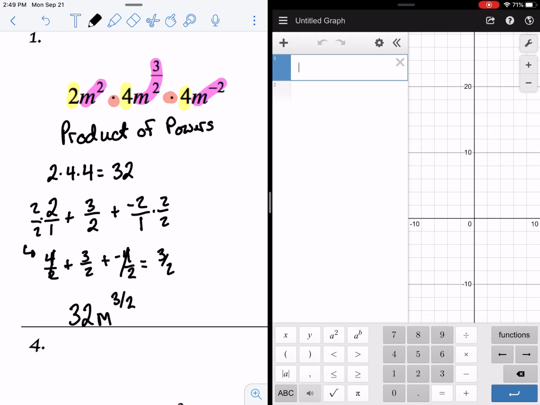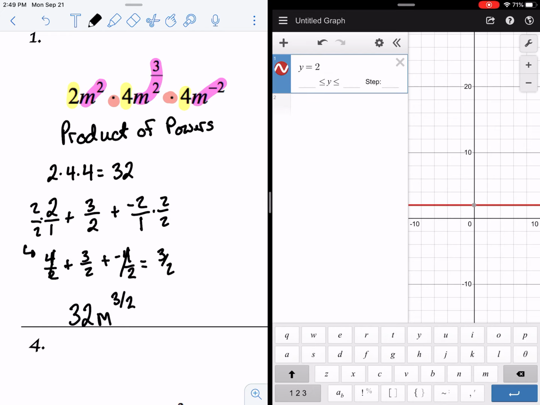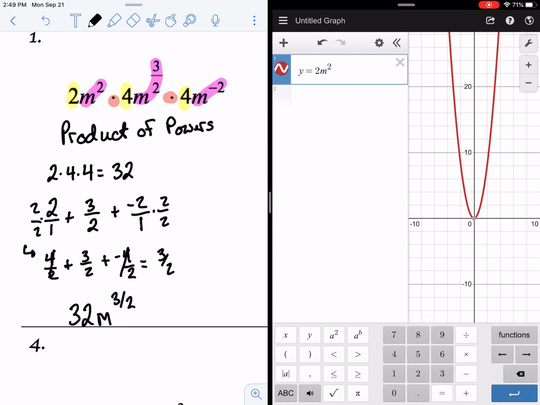So again, when you're simplifying expressions, you just go to y equals, and then type what you see. 2m squared times 4m raised to the, I have division, so I immediately hit the division button.